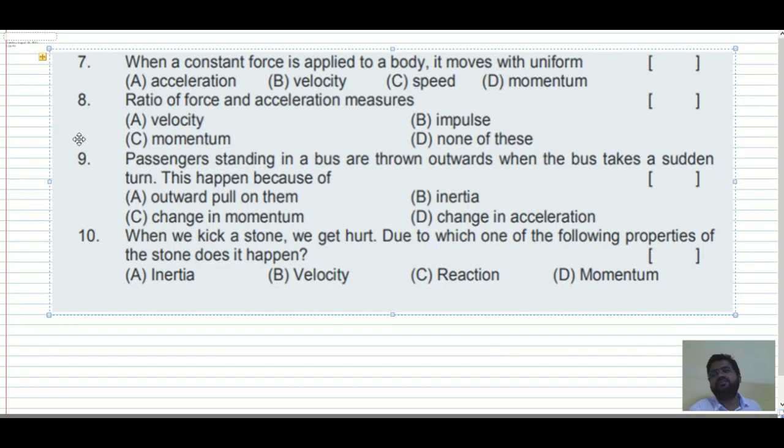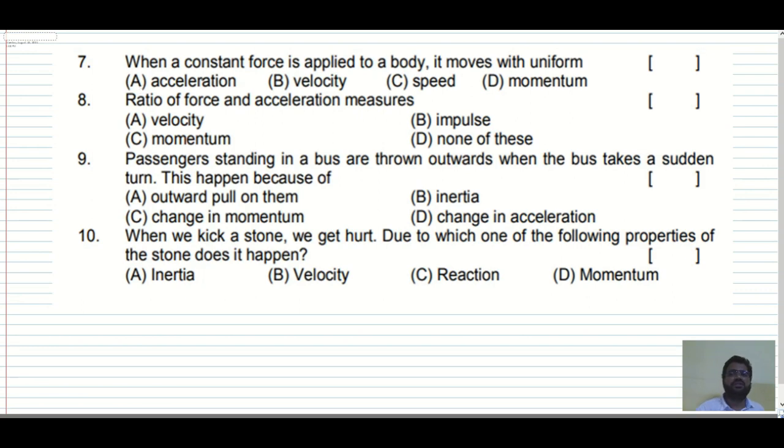Now the seventh question: when a constant force is applied to a body, it moves with uniform what? If you apply a force, it will move with uniform acceleration. Velocity will increase, speed will increase, momentum will increase. It will move with constant acceleration. Now the ratio of force and acceleration. We know that force is equal to mass times acceleration.